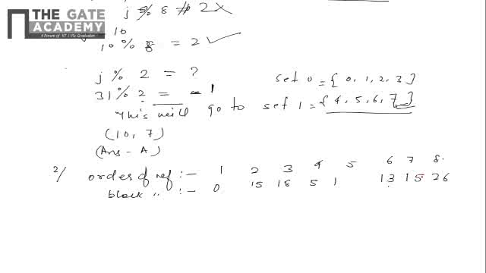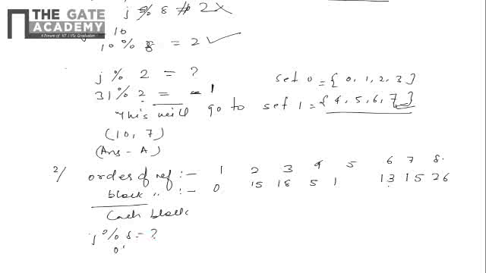So what is the next part? We already know that an odd number will go to set 1. For direct mapping, the cache block will be J modulus 8.